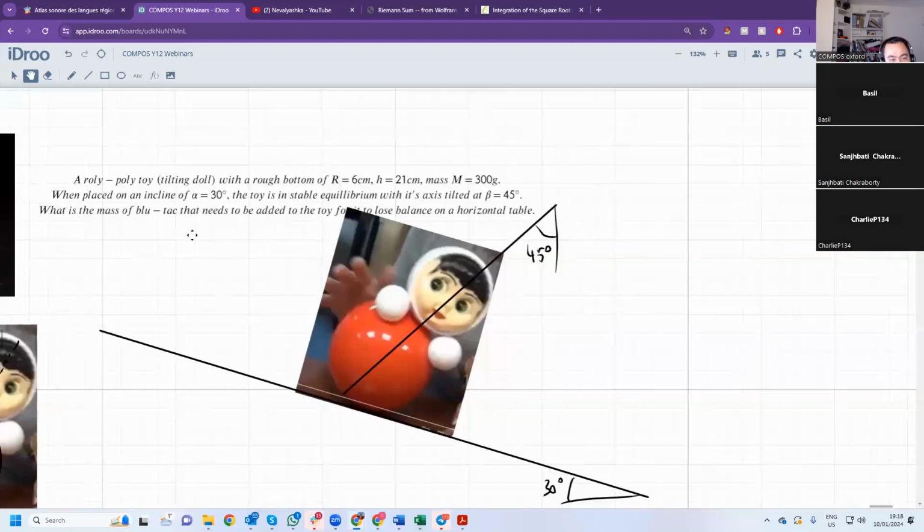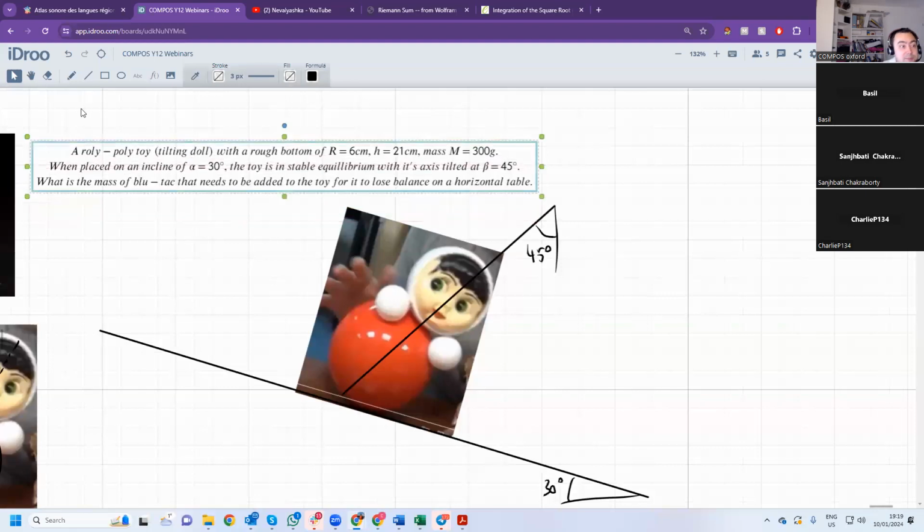How much blue tack do we need to put at the top for it to lose balance? Well, I think it all boils down to finding the center of mass of the toy in the first place, because that's what we don't know, and that's what we are probably interested in. Even if I don't know how to do the whole thing, I probably want to find the center of mass.